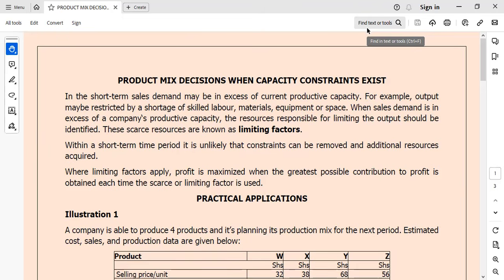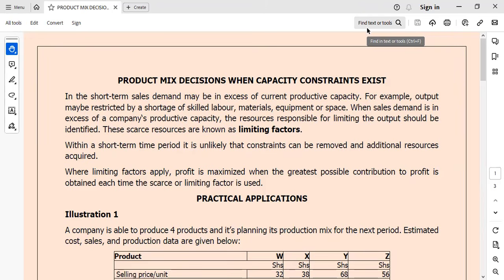Now, when the sales demand is in excess of the company's productive capacity, the resources that are responsible for limiting the output should always be identified. These scarce resources are known as limiting factors. Therefore, a limiting factor is a scarce resource which is in short supply.